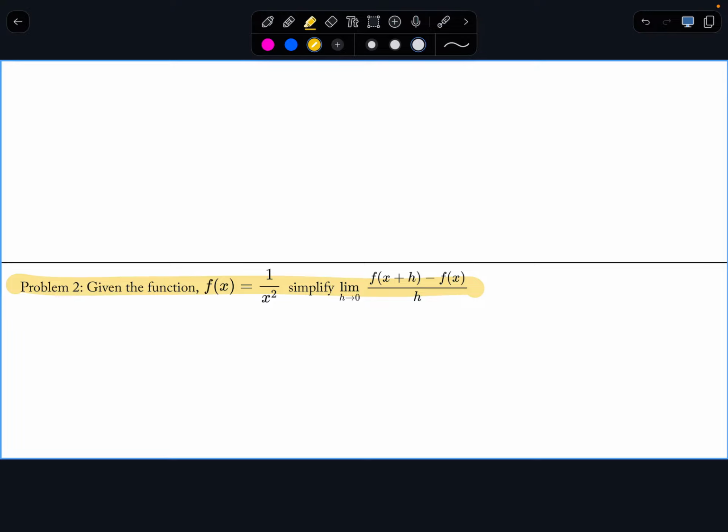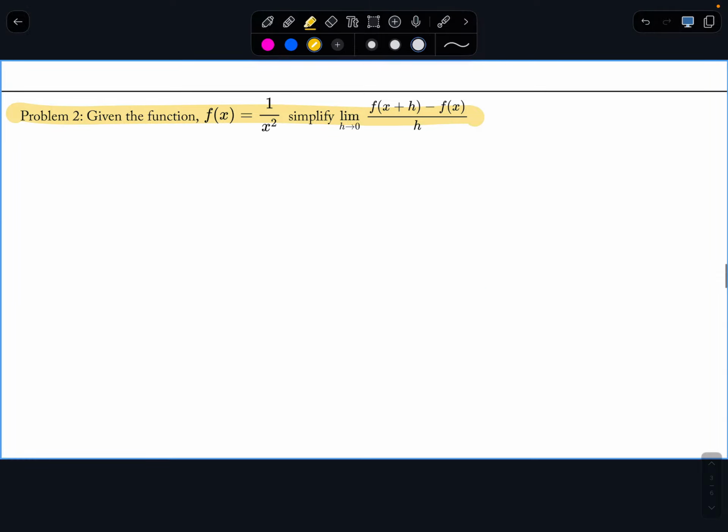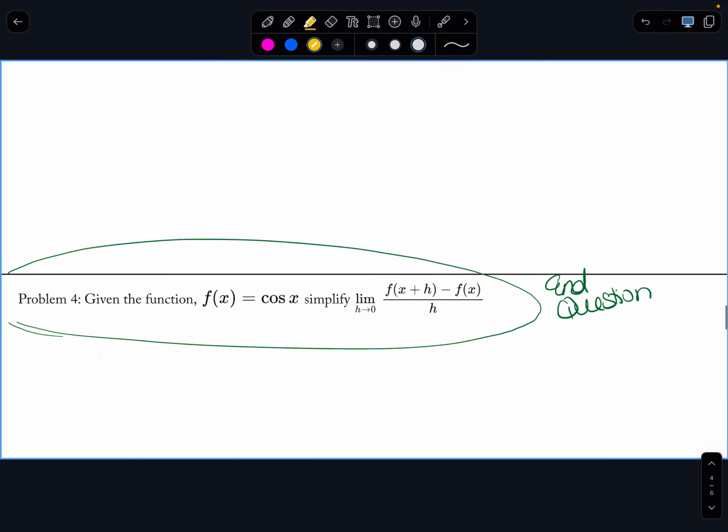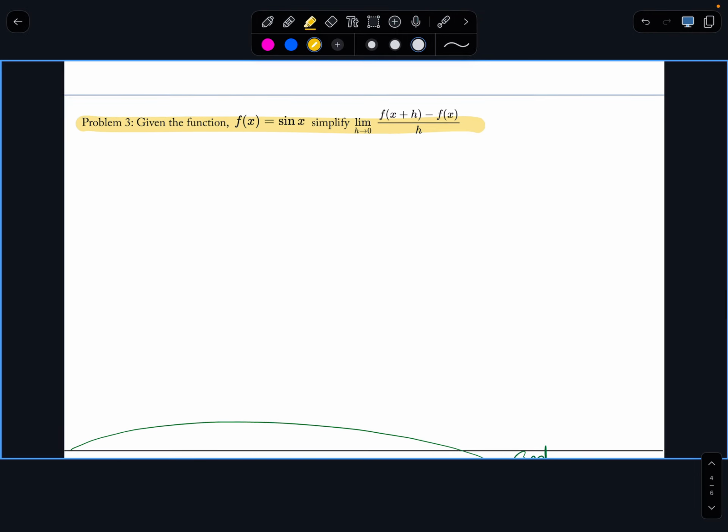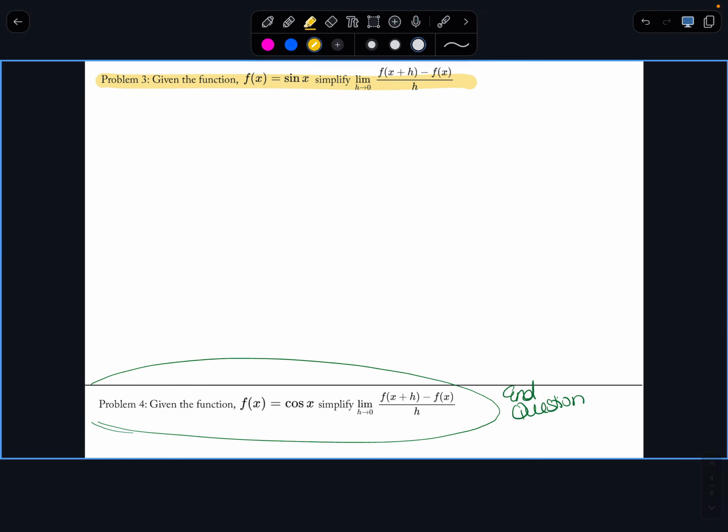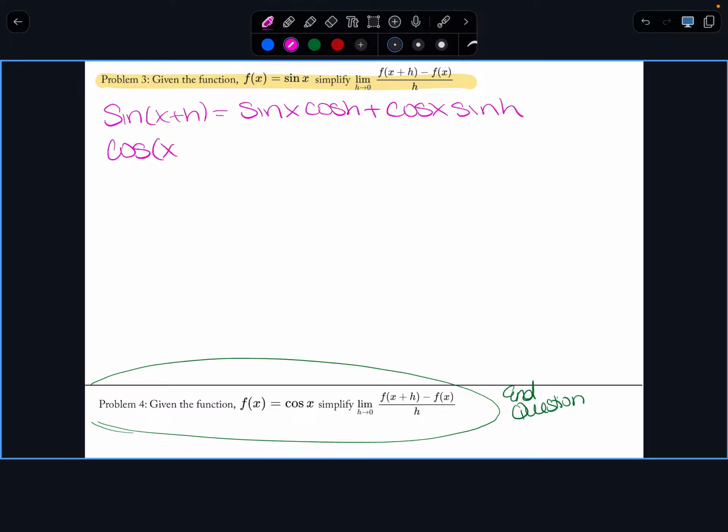Okay. Now, you are going to get stuck more than likely on your question 3 and question 4. So let me be clear with the cosine and sine. You have to know a few things. You have to know that the sine of x plus h is sine x cosine h plus cosine x sine h. You have to know that the cosine of x plus h is cosine x cosine h minus sine x sine h.